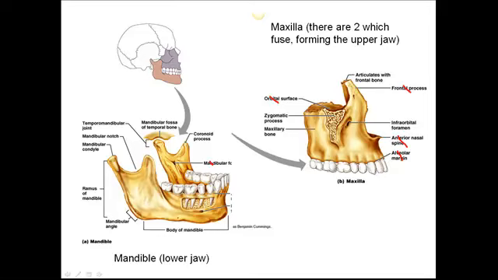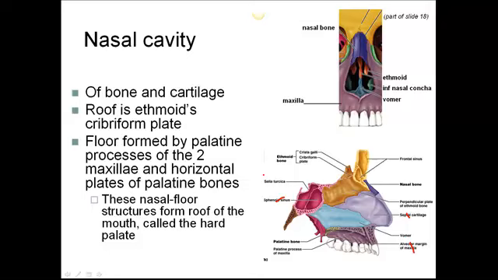This is the mandible, the body of the mandible, mandibular angle, the ramus of the mandible, mandibular condyle, mandibular notch, and this is the TMJ: mandibular condyle and the mandibular fossa of the temporal bone. I could ask you on the TMJ which two bones are involved, and you would say the temporal bone and the mandible, right? So this is the coronoid process. That's all you have to know there.